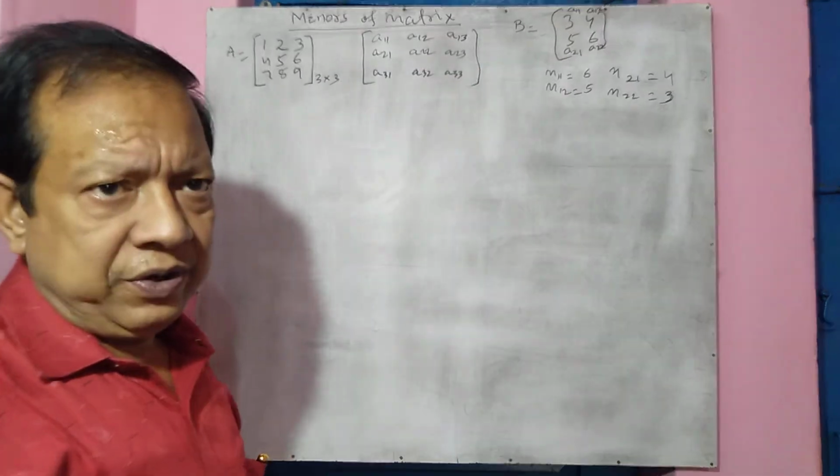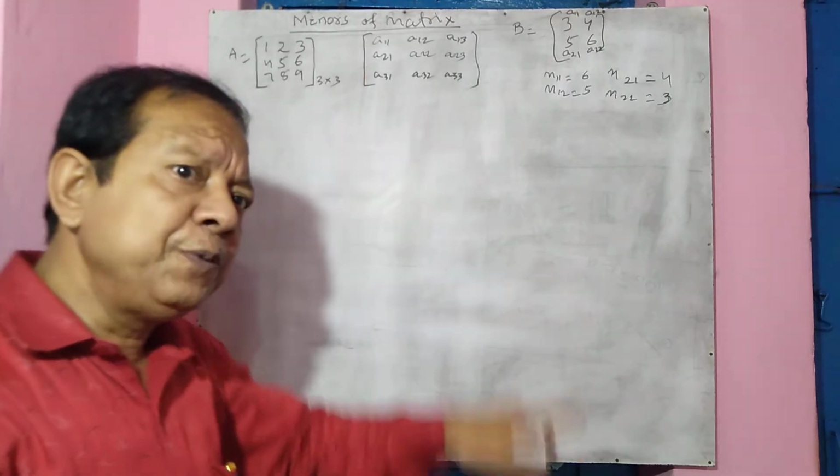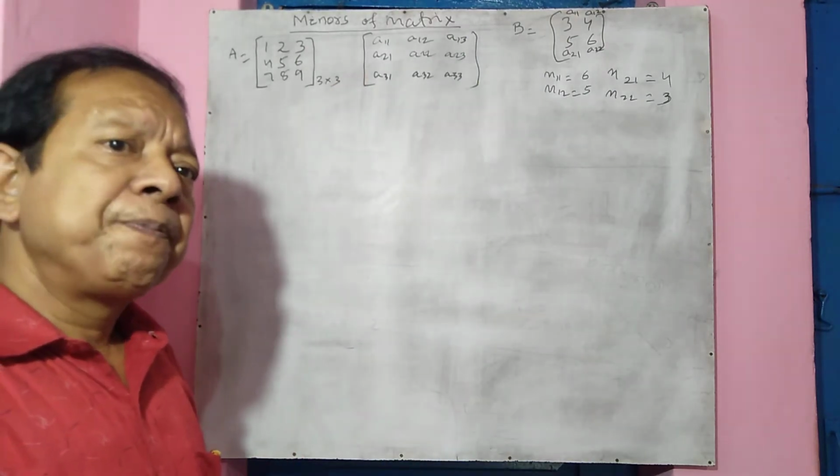Always remember the position, that is, the position of the element in the matrix. And according to the position, we can find out the minors.